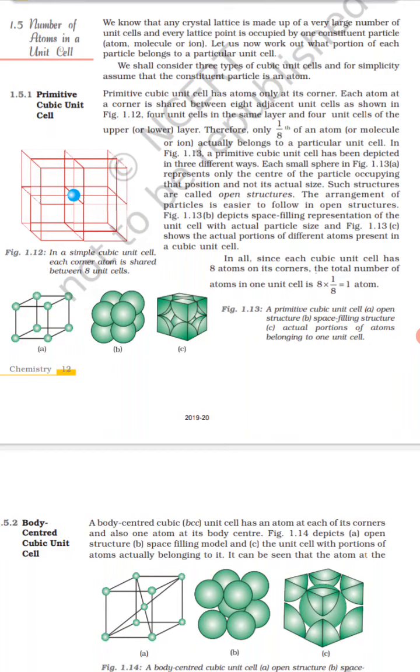That particular brick which is present at the corner of a room can be shared between 8 rooms, or the particle which is present at the corner of a unit cell can be present in 8 unit cells.